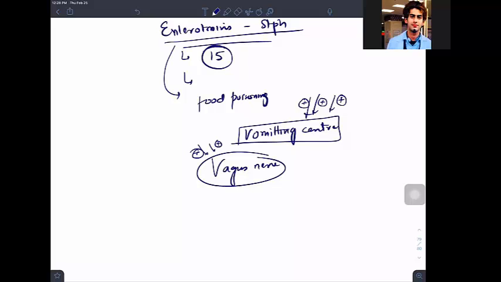What is the incubation period for this? Incubation period is the time taken for the toxin to produce the desired effect, from the point of infection. For food poisoning, the incubation period is less than 6 hours.